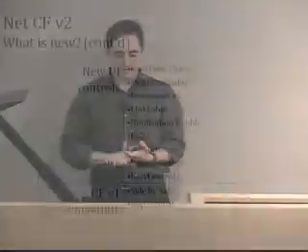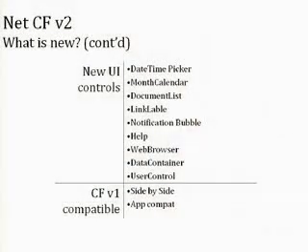New language features. These are new to the desktop as well, but I think they're now being embraced back into the Compact Framework: generics, anonymous methods, and partial classes. And the managed wrappers for D3D. Quite a few new UI controls, such as a date time picker and month calendar. These have been available for a while on the desktop; I think some of them are just new to the device.